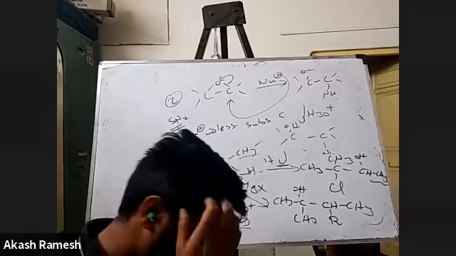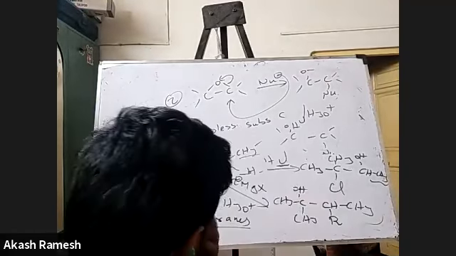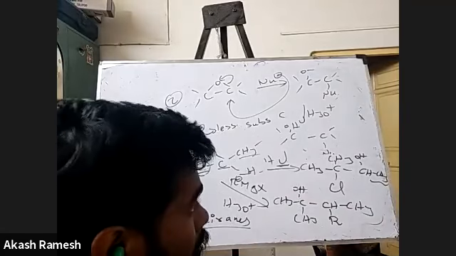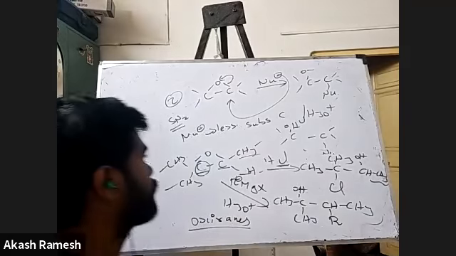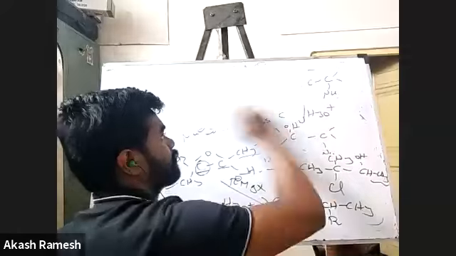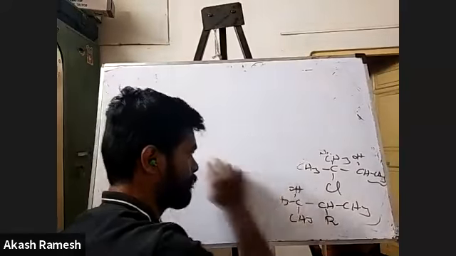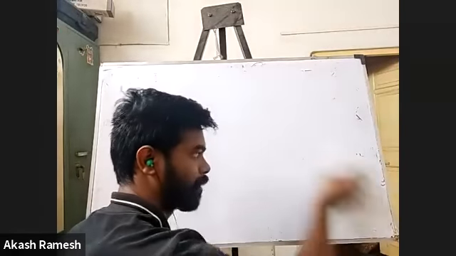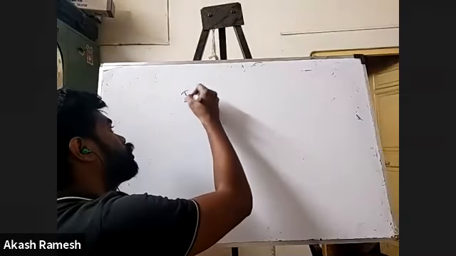And there is one more thing, guys, in alcohols, a very important reaction, which you will see also happening in the case of aldehydes and ketones. So let me tell you that. You have something called the iodoform reaction.